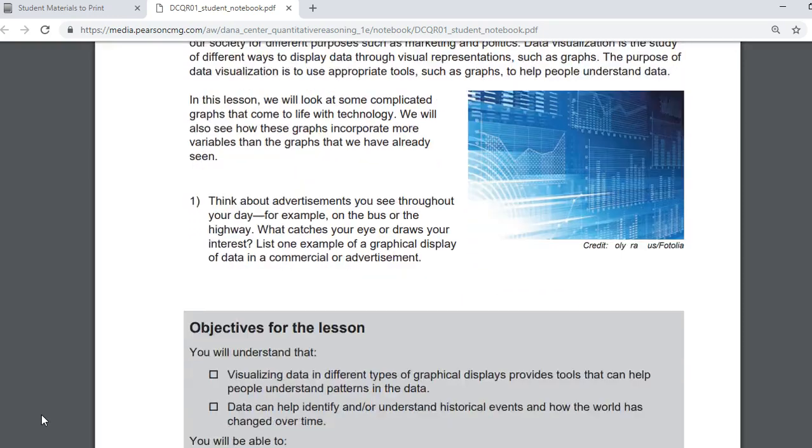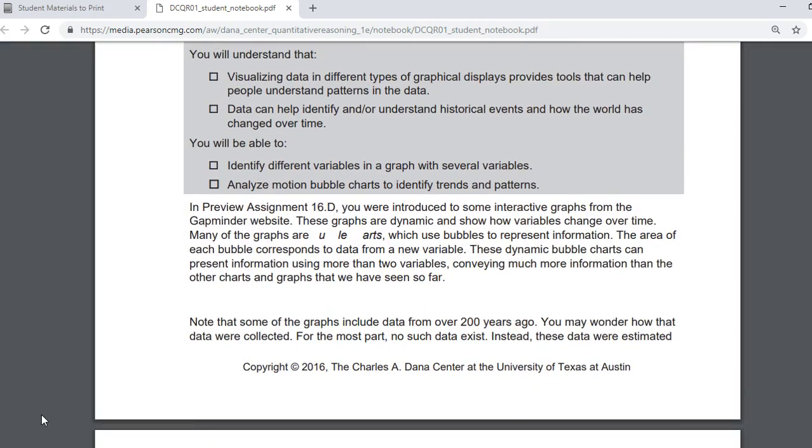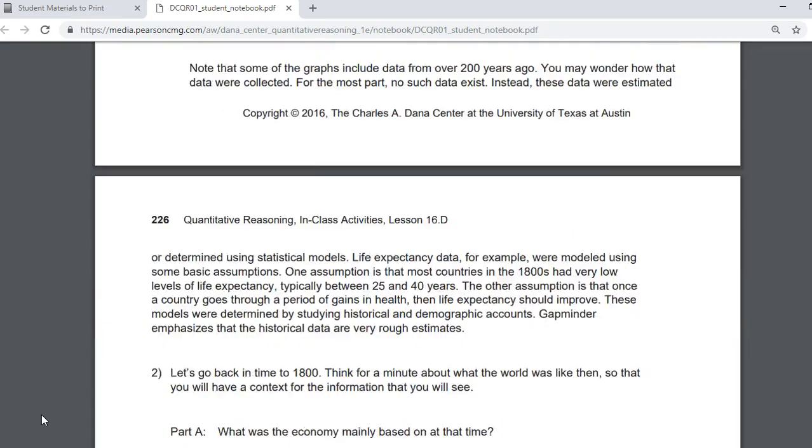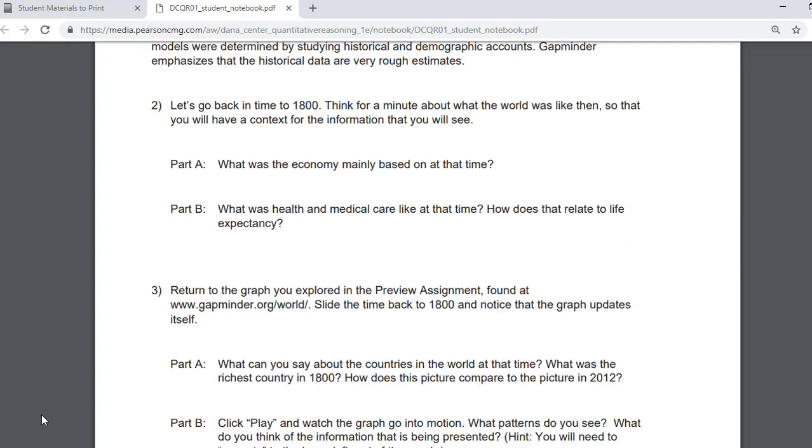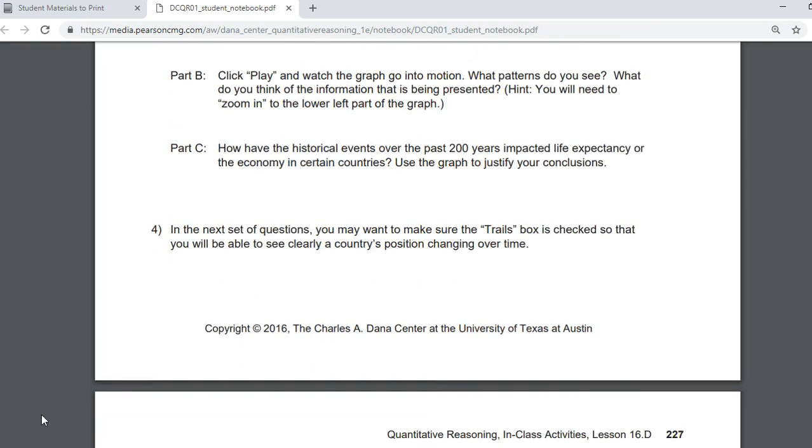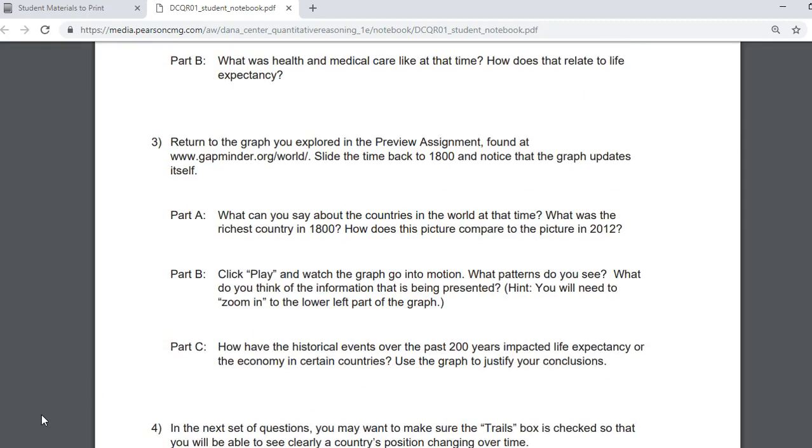So yes, we had 16D, and on this one it was talking about Gapminder. So on the test, I can have a picture of one of the screens that we looked at for the gapminder.org. And can you identify the vertical and horizontal axes?